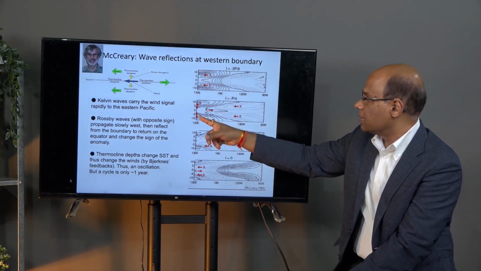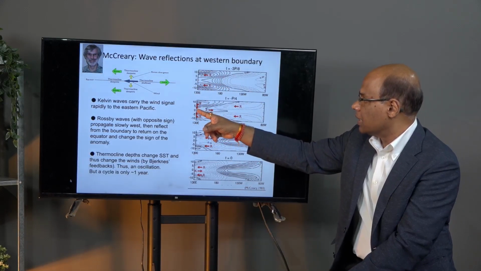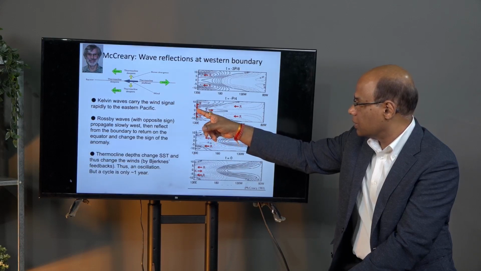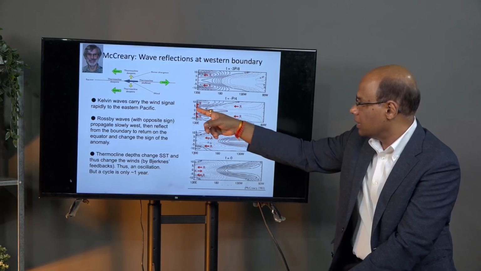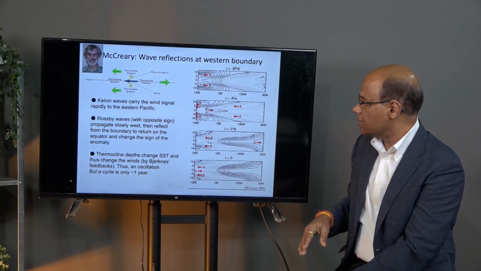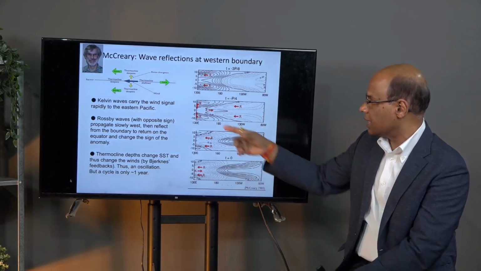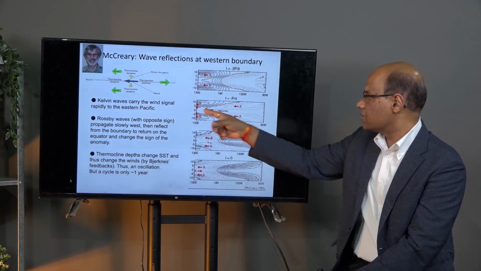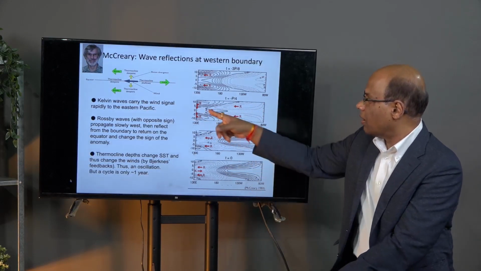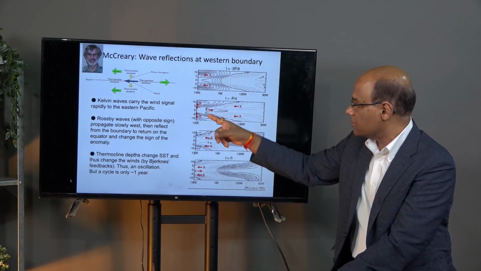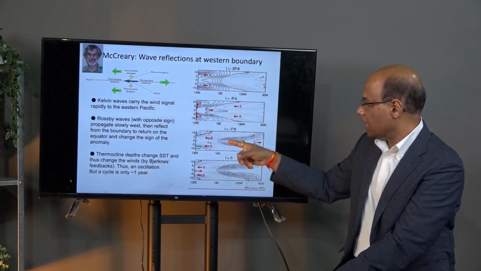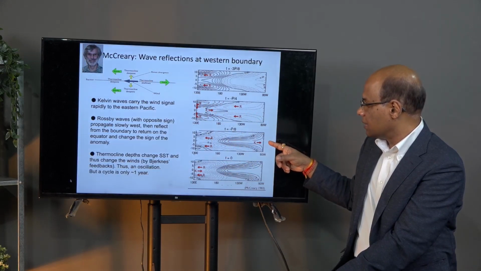You can see the Rossby wave reaching the coast and turning into Kelvin waves, and then at the equator the Kelvin wave finds a wall on both sides. That's why they propagate from west to east as a warm Kelvin wave, because these are warm waves.